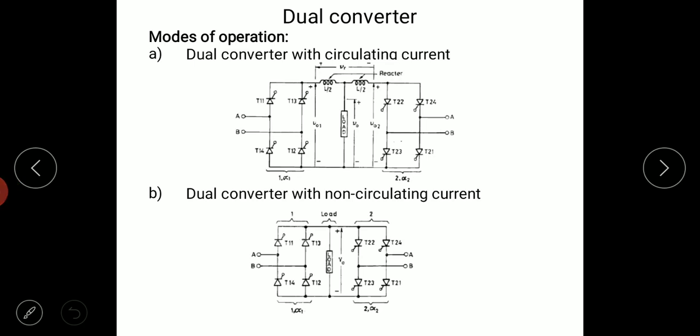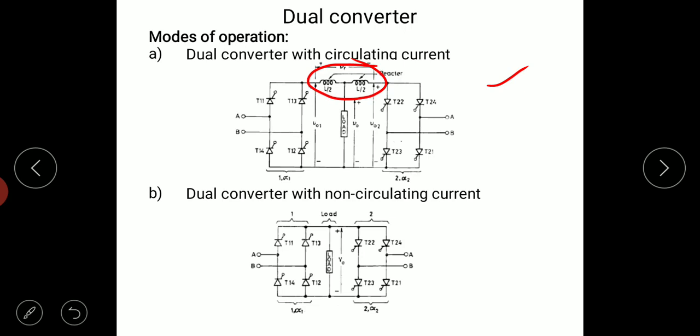Now, first is the dual converter with circulating current. We have seen that if both converters are to be operated simultaneously, then there will be circulating current between these converters due to difference in instantaneous voltage. In order to limit this circulating current, we have a reactor connected.